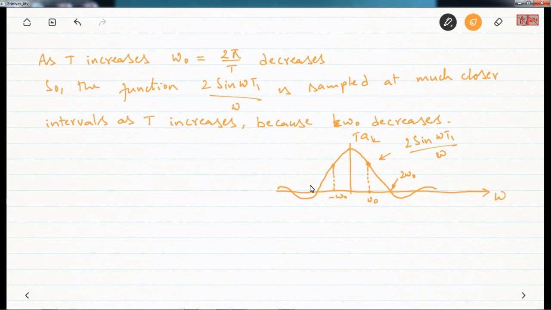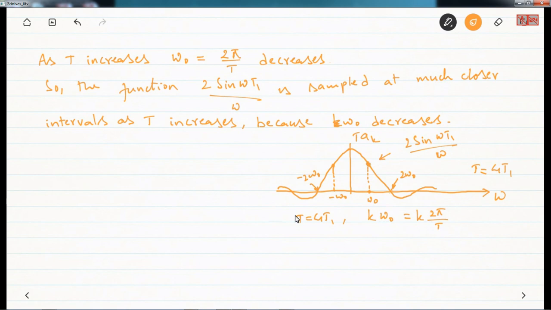This is minus omega naught, and this point is minus 2 omega naught, and so on. So this is for capital T equal to 4 t1. So I have taken this function and simply put capital T equal to 4 t1, and we are sampling it at k into omega naught, which is equal to k into 2 pi by T.